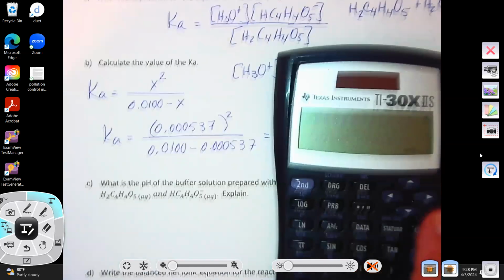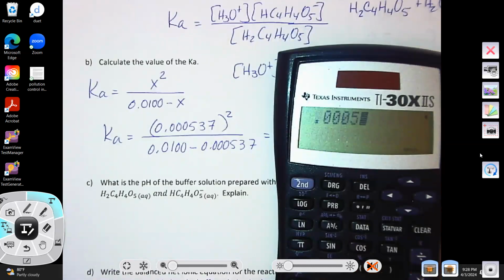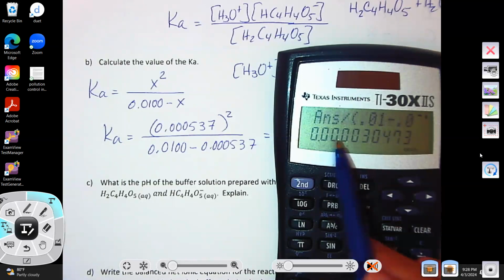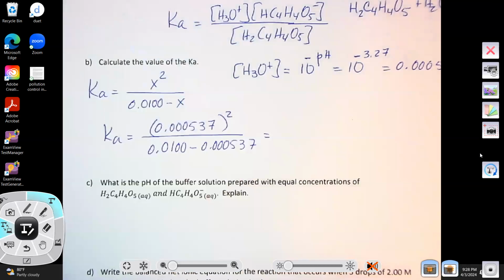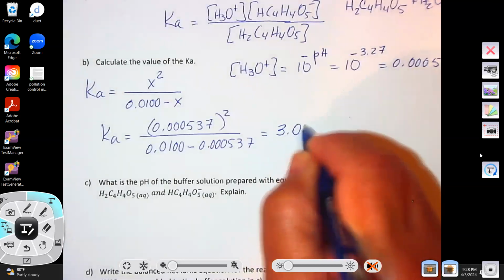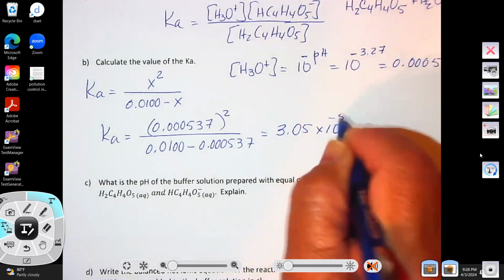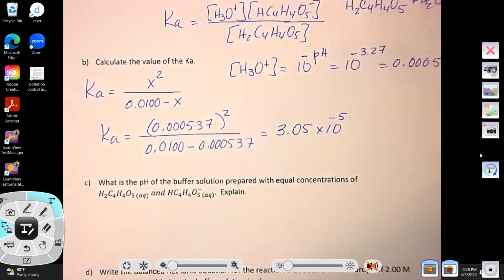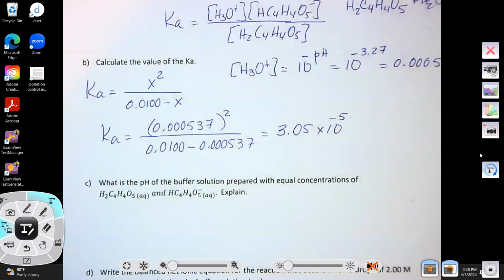So let's do that math: 0.000537 squared divided by 0.01 minus 0.000537. The answer comes out as 3.05 times 10 to the negative 5. So that is the value of the Ka.